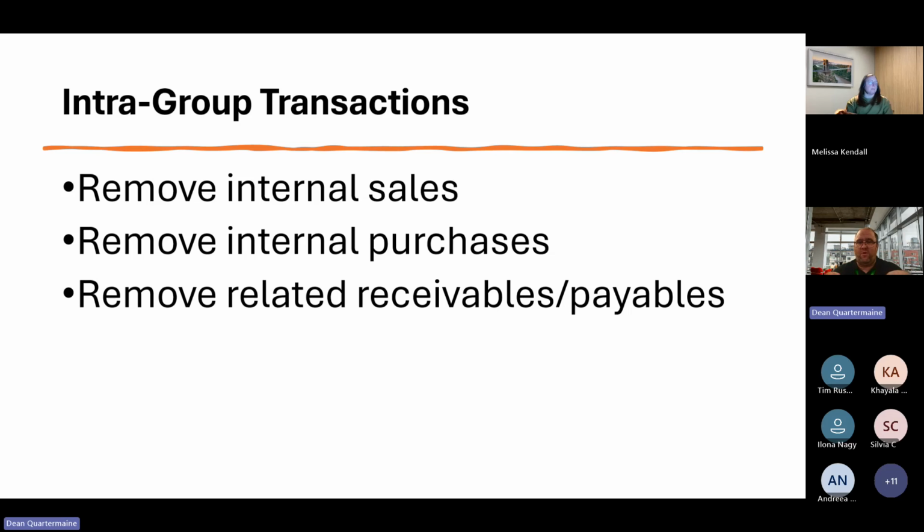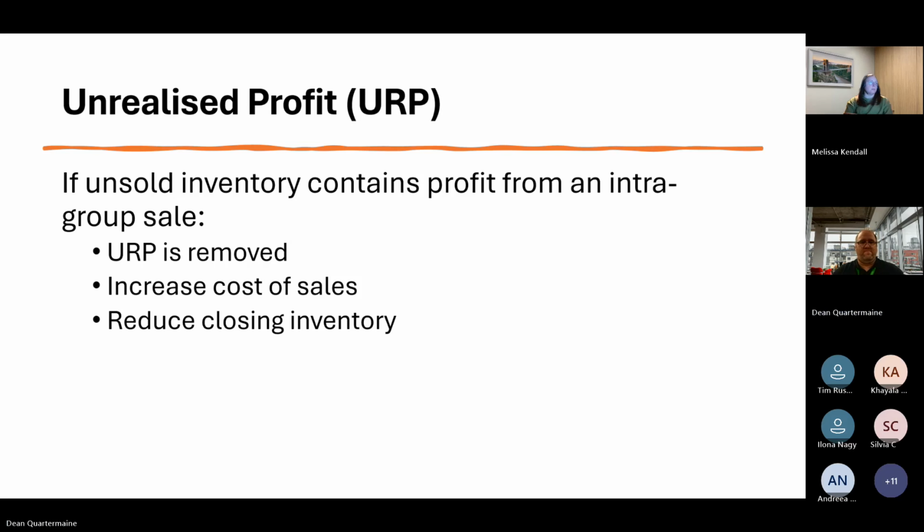So we're going to see no profit, no effects of trading between members of the same group. That's the concept of intragroup transactions. We're just going to strip them all out.